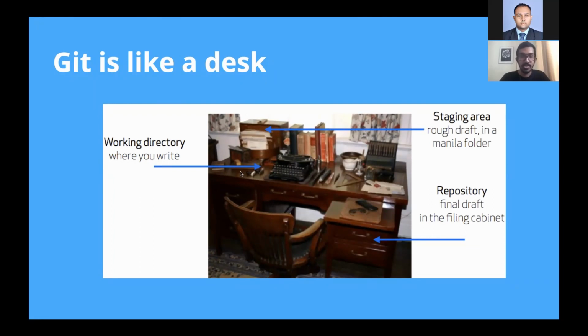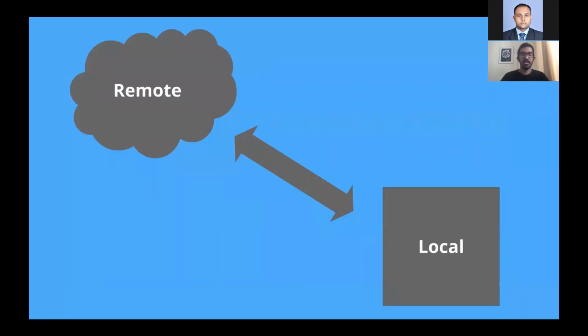After you move these files to the staging area, and after you finish all these drafts, you bundle it. We have a different keyword in Git: we call it git commit, and we put it into a repository. I know some of you might not understand this. Let's go forward. Don't worry.